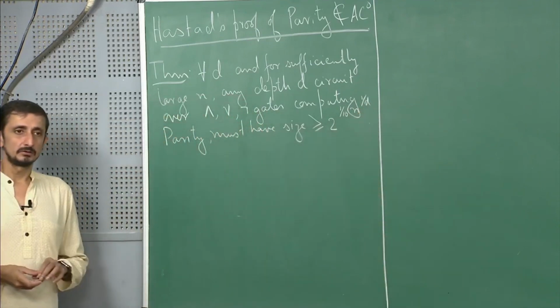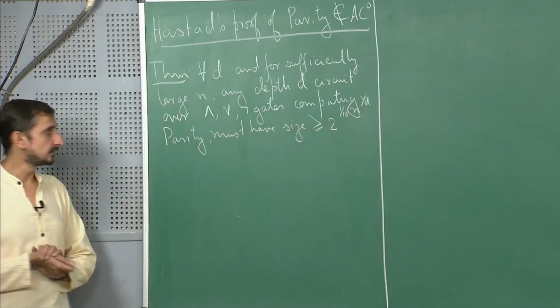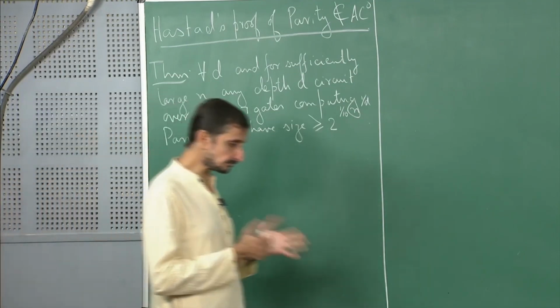Okay. So, this is an exponential lower bound for parity.